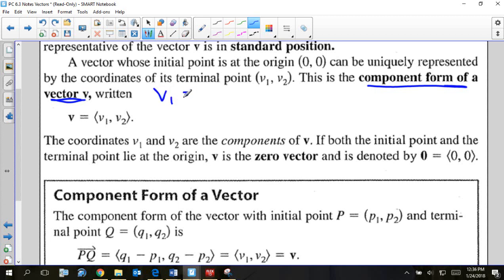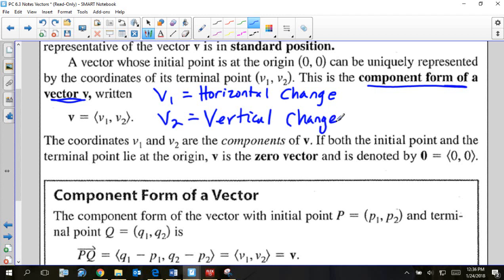So v1 is the horizontal change from the initial point to the terminal point. Horizontally, how does it change? And v2 is the vertical change.